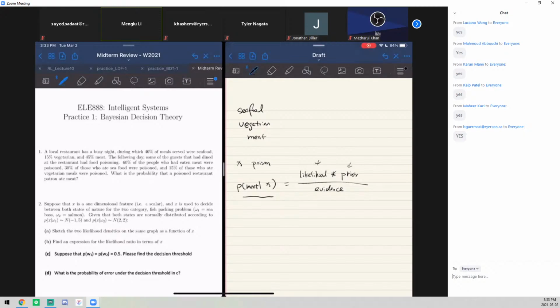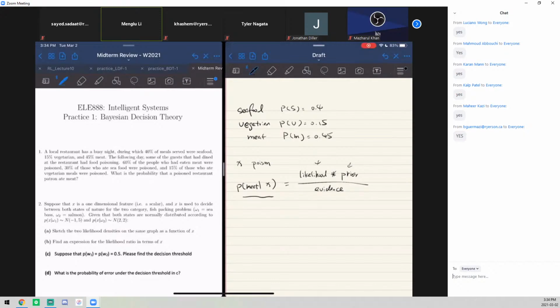The prior for seafood is 40%, so it's 0.4. Vegetarian is 0.15. Meat is 0.45.